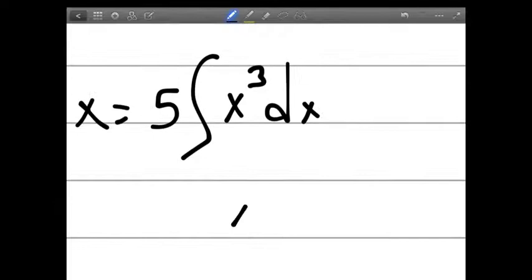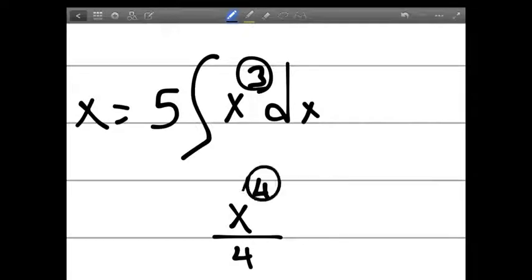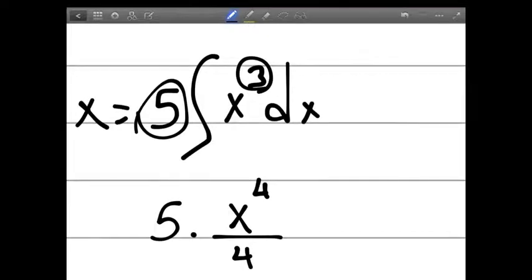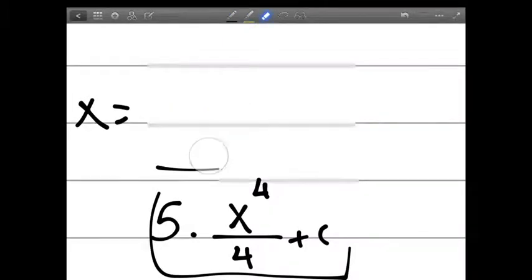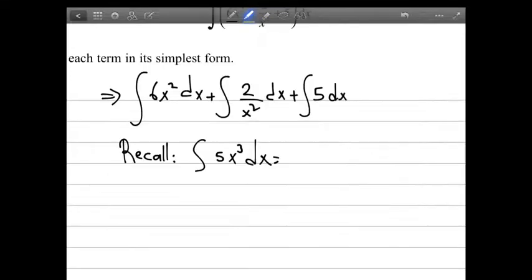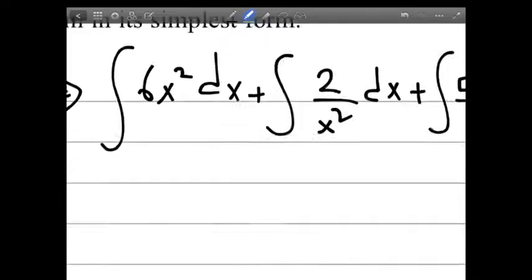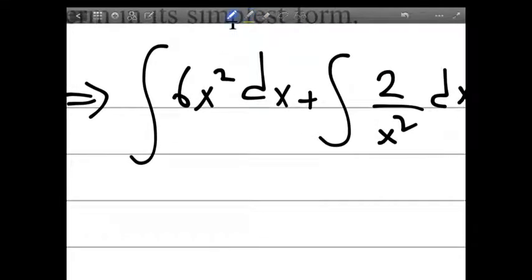Just add 1 to the power and divide by the new power, and just put the constant in front of the function, and we get the integral of this given term. And easily we can do the same procedure.